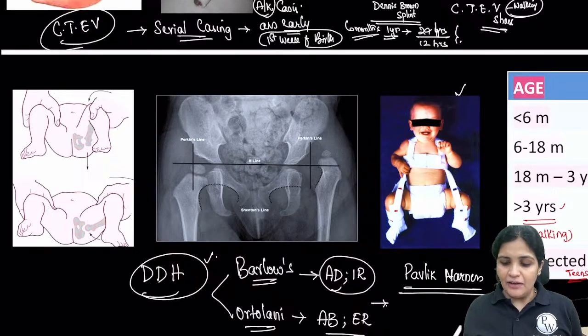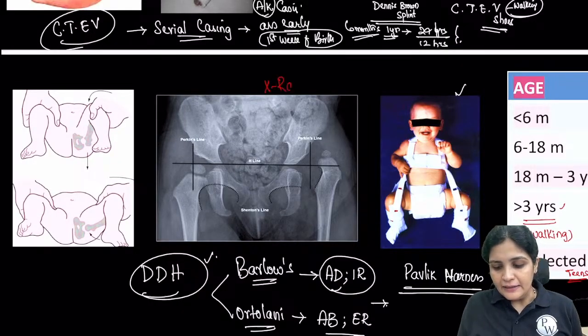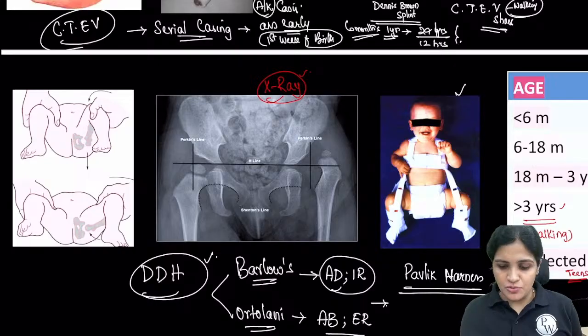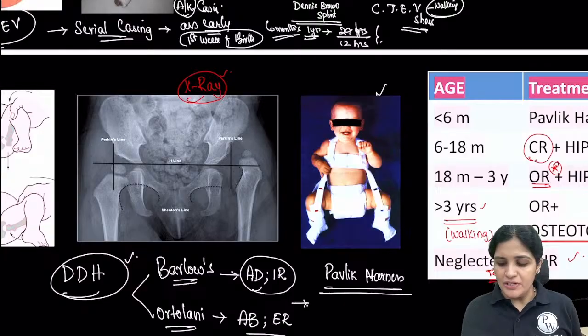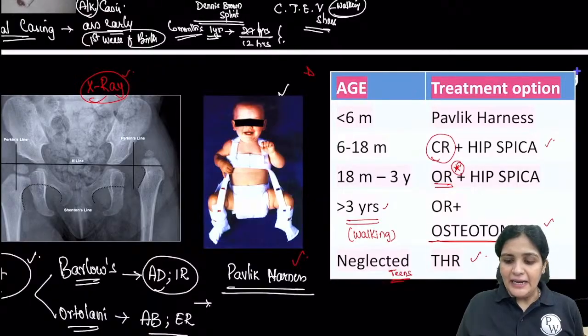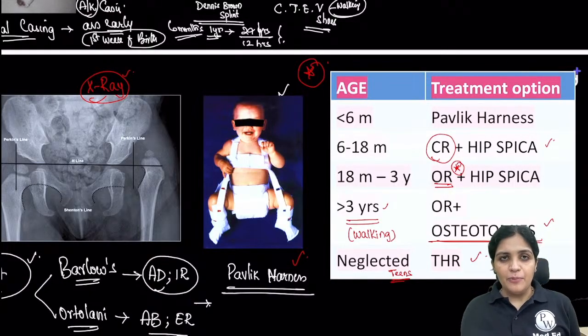This X-ray, we will deal again later. So usually they will not ask X-ray for FMG students, usually. Okay. But what they usually tend to ask is, what is the treatment for this? The treatment is Pavlik harness. Okay, and this is the complete guideline for the treatment depending upon the age of the patient. Is that clear?